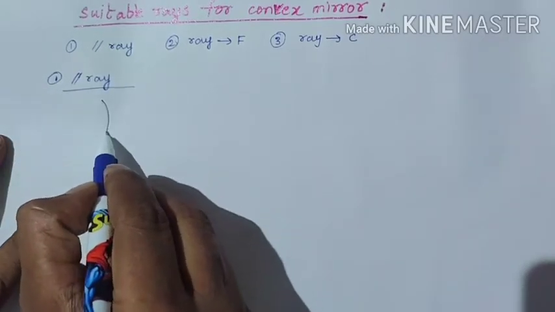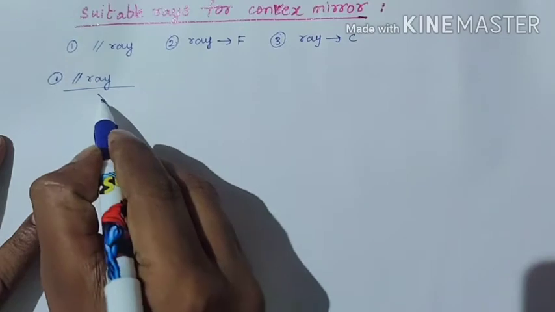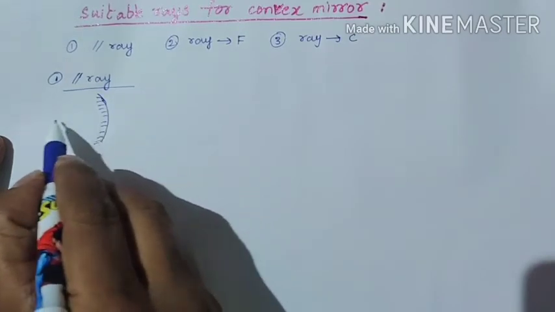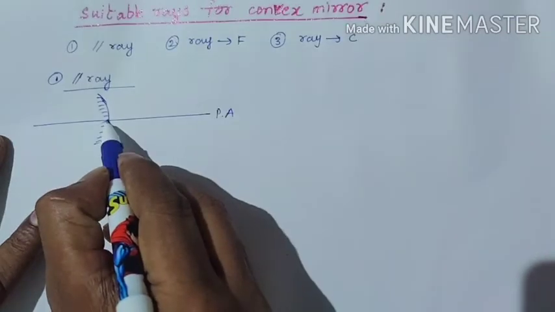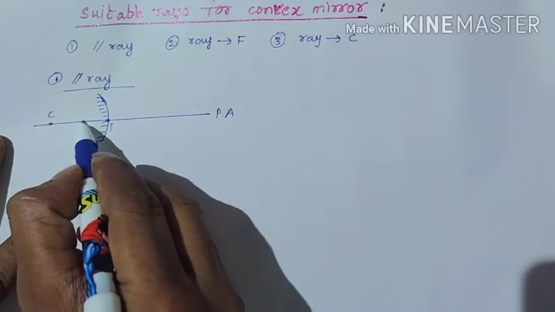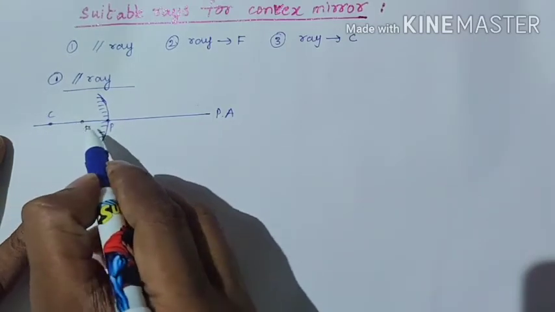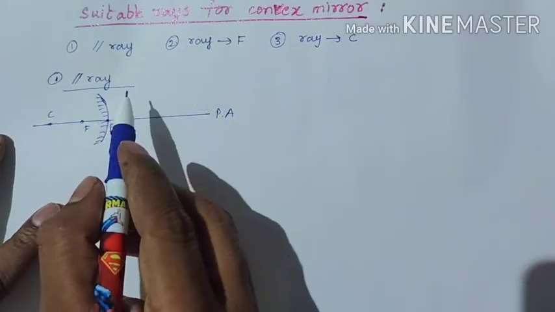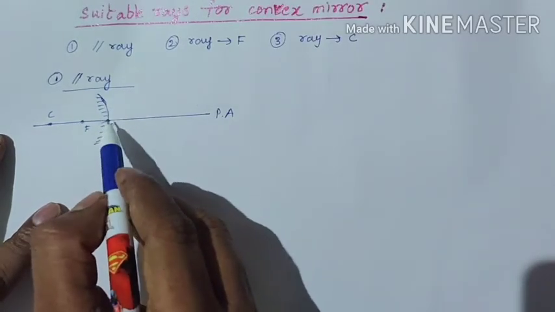So this is the convex mirror, this is the non-reflecting surface, and this is the principal axis. This is called the pole, this is the center of curvature, and the midpoint is known as the focus. So we are taking the ray parallel to the principal axis.